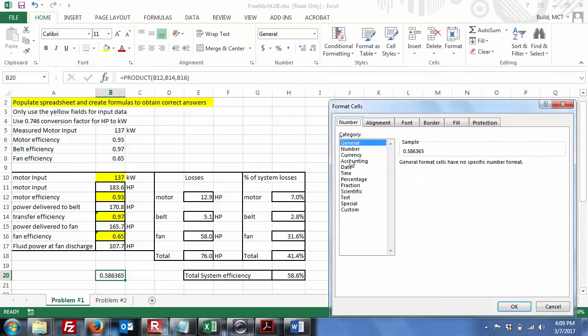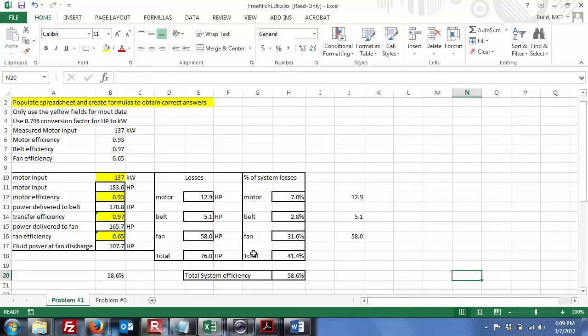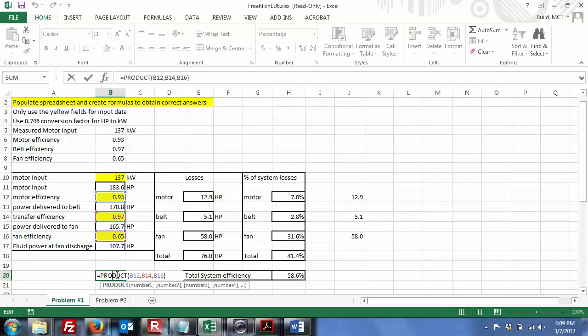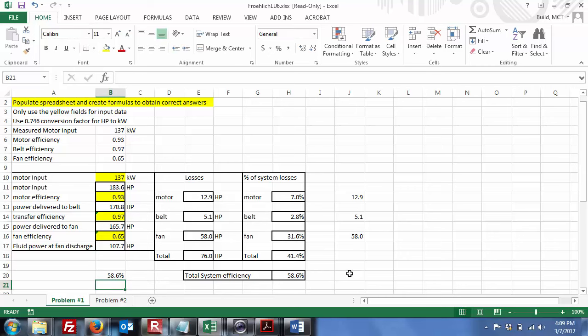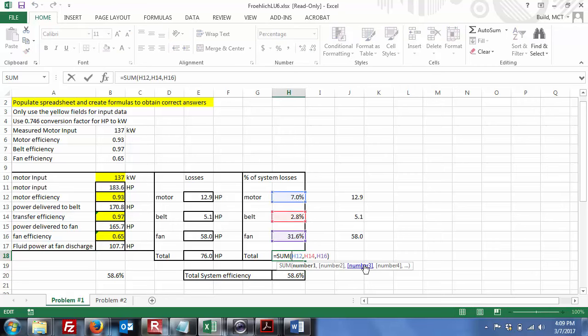Yeah, I like that. That's the way I've sort of taught it. Let's put that as a percentage, 3 significant digits. There we go. So what I've just done here is taken the product of the 3 efficiencies, and I came up with 58.6. In this case, it's the sum of the losses.